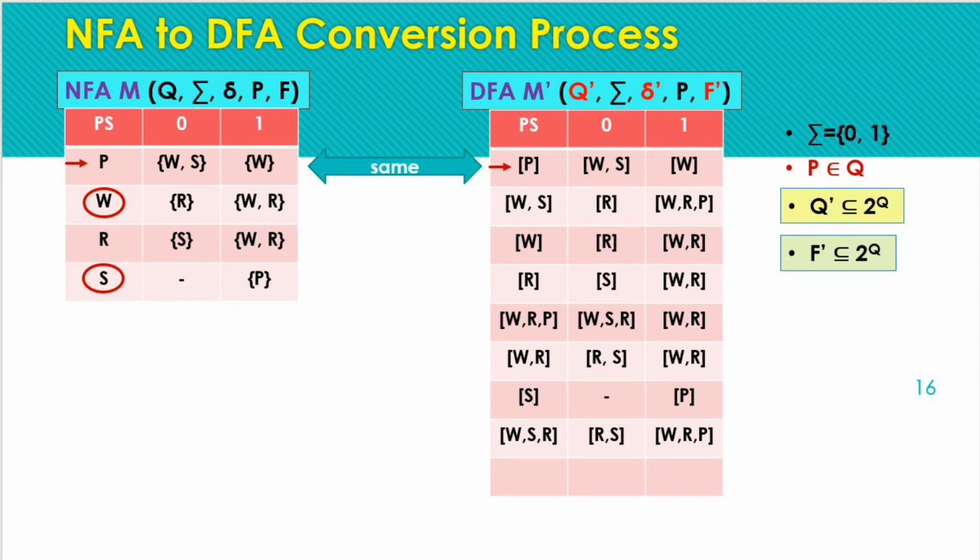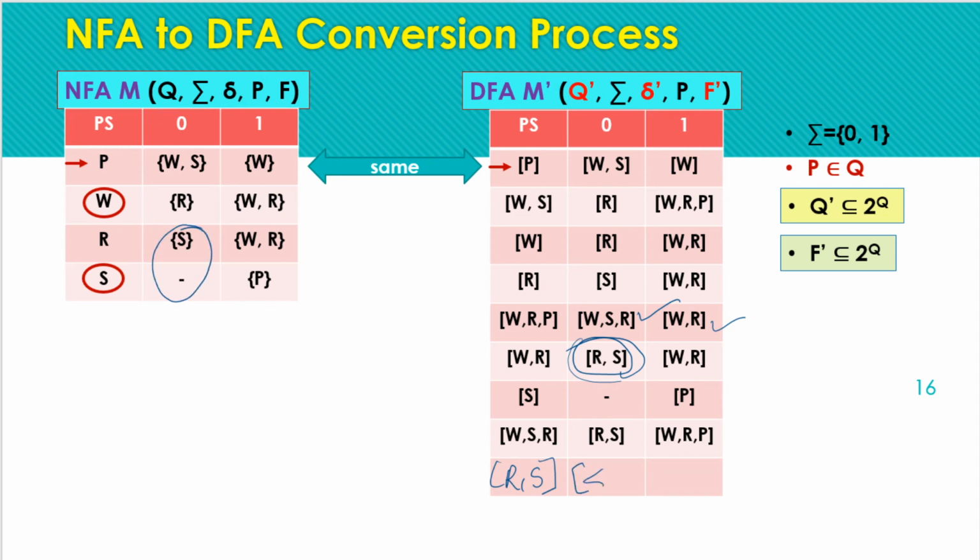Now WSR is already covered. Next state WR is covered. Next state is RS. So the newly identified state is RS here. So we are writing RS as the new present state. Now we have to find out the transition for input symbols 0 and 1. For R and S we have to perform union of these states.